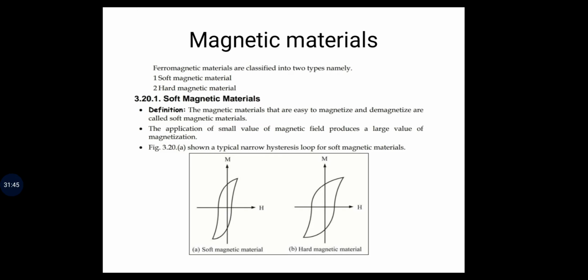Here, a small value of magnetic field produces a large value of magnetization. These are easily magnetized and demagnetized.